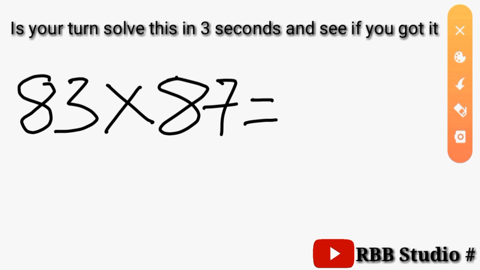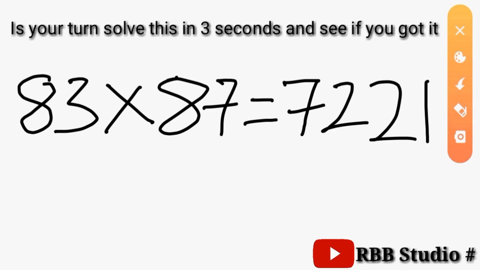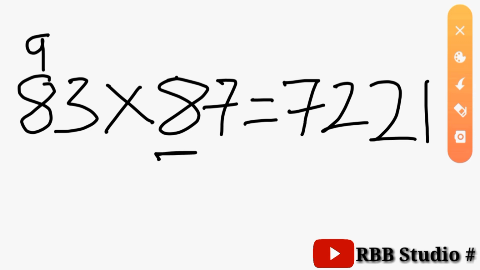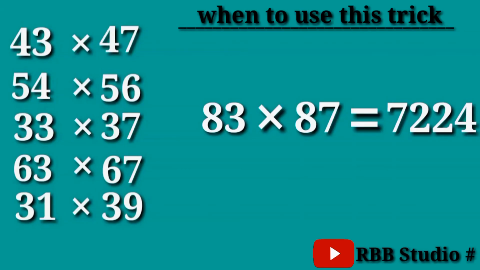So the final answer will be 7221. Okay, so the number that comes after 8 is 9. We multiply the 9 times this 8 and we got 72. Then we multiply the 3 times 7 and we got 21.